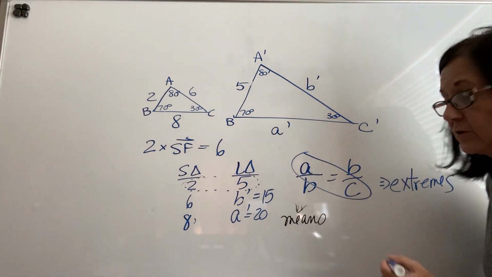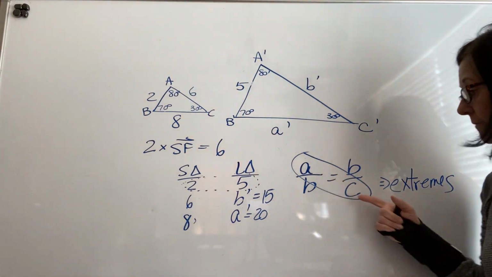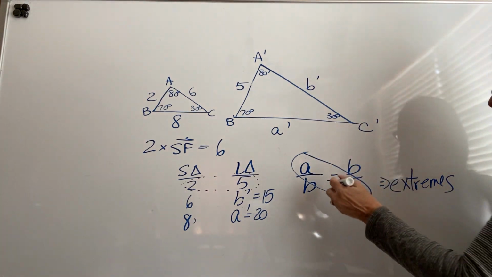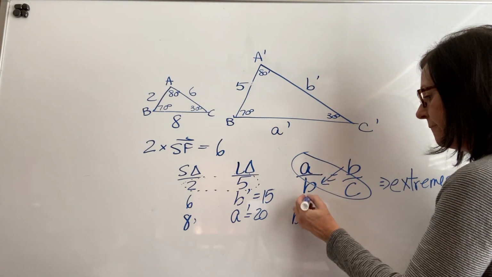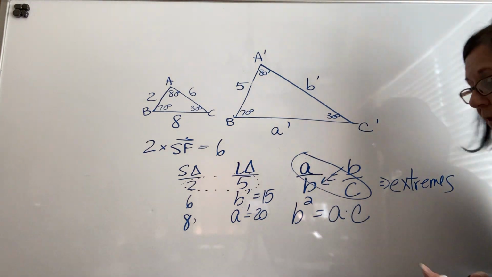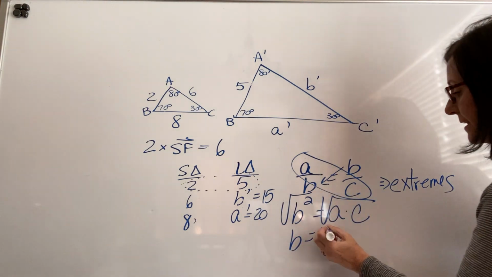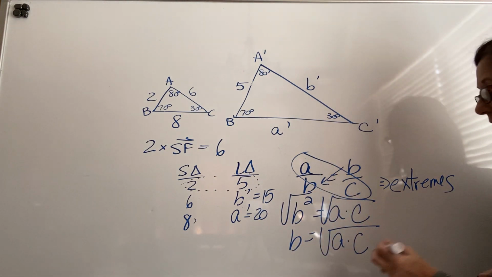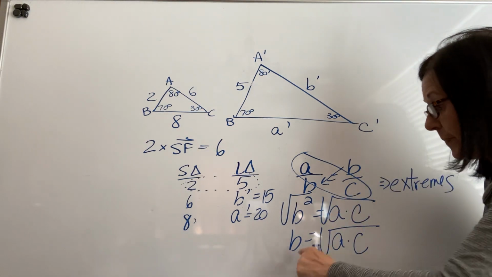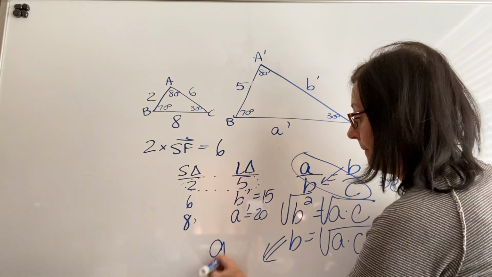If I cross multiply, my means are the B, my extremes are the A and C. I have B squared equals A times C. When I take the square root, B is equal to the square root of A times C. So B here is my geometric mean.